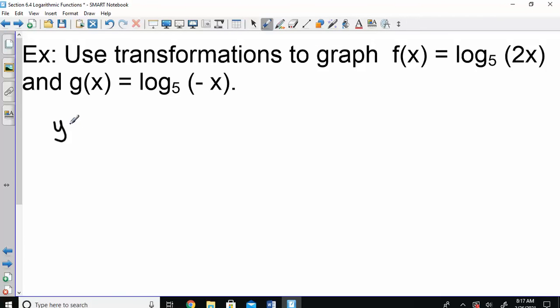What's the parent function? Just your regular log base 5. So we'll graph 5 to the y equals x to start us off.